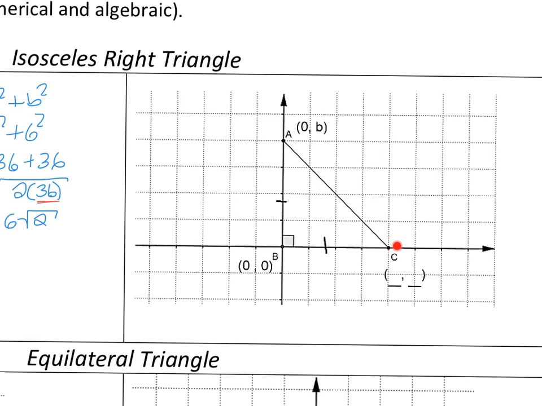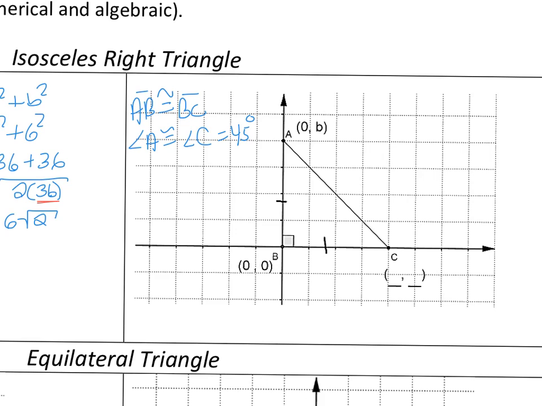Again, we see that it's an isosceles right triangle, because the two legs are being marked as congruent. Let's go ahead and mark that down. AB again is congruent to BC. And of course angle A and angle C are congruent, and they're going to equal 45 degrees.